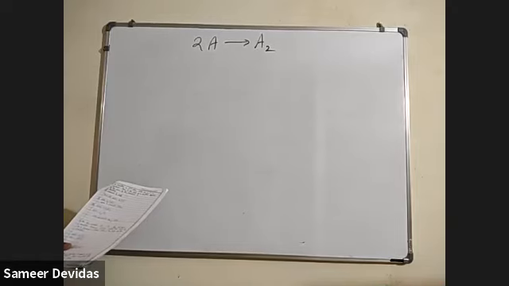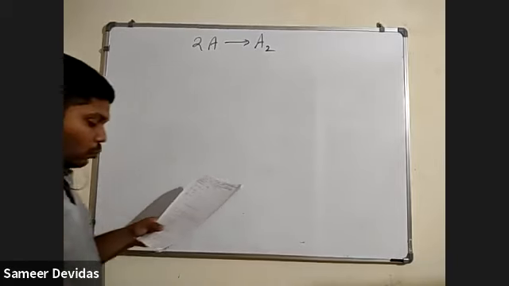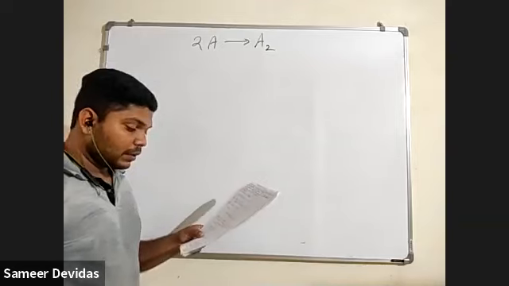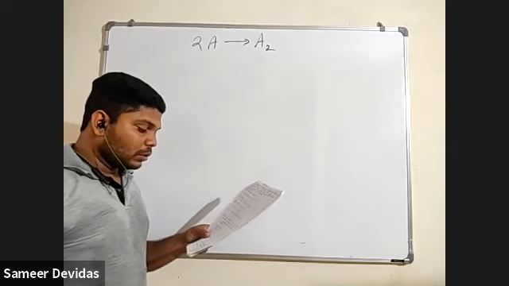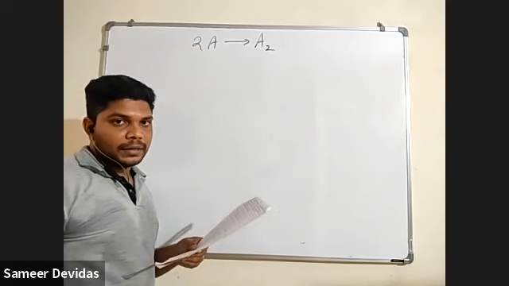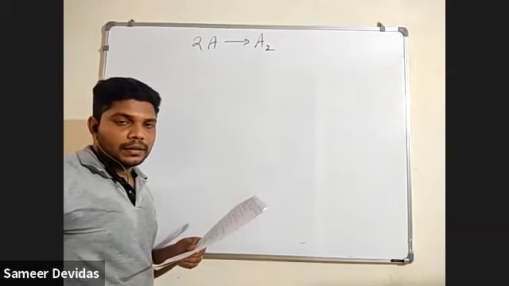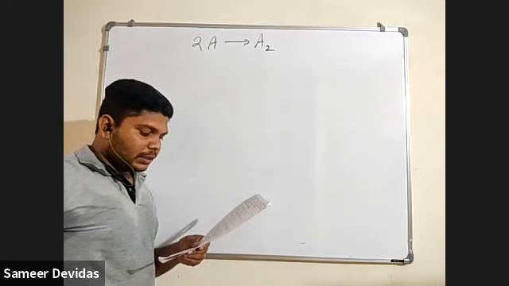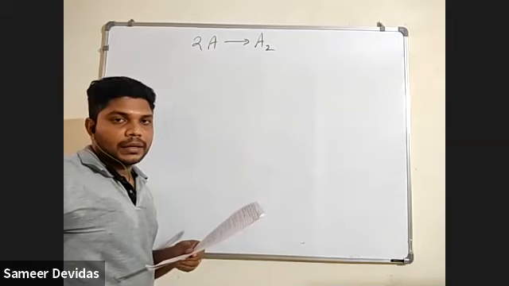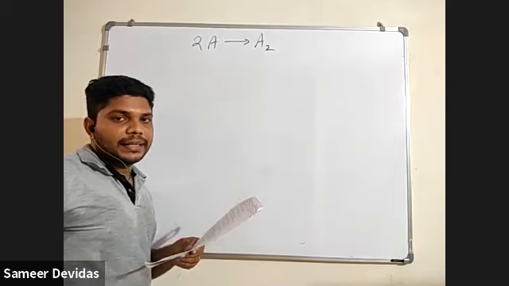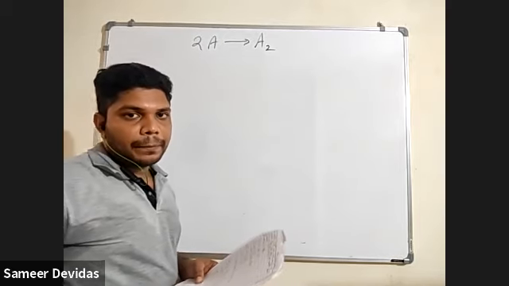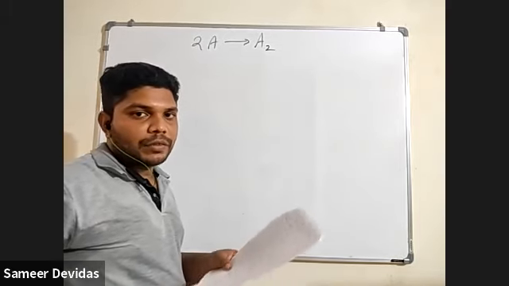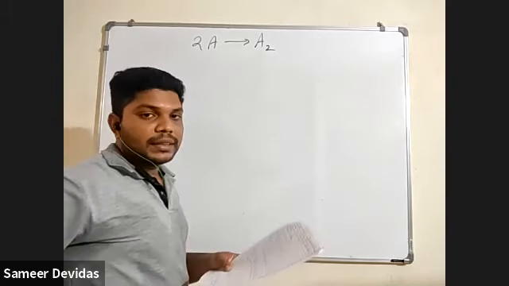becomes 27 times when the concentration of A is increased 3 times.